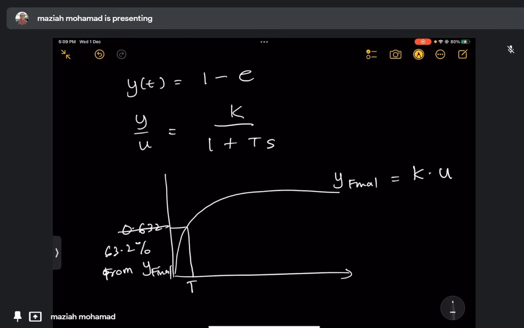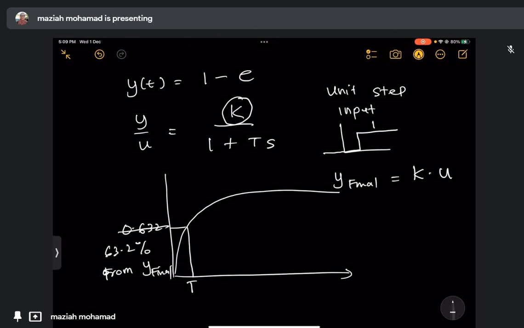Depending on the value of K here, you need to multiply with the input. So if your input is a unit step input, U is 1. You expect the system should settle to 1.